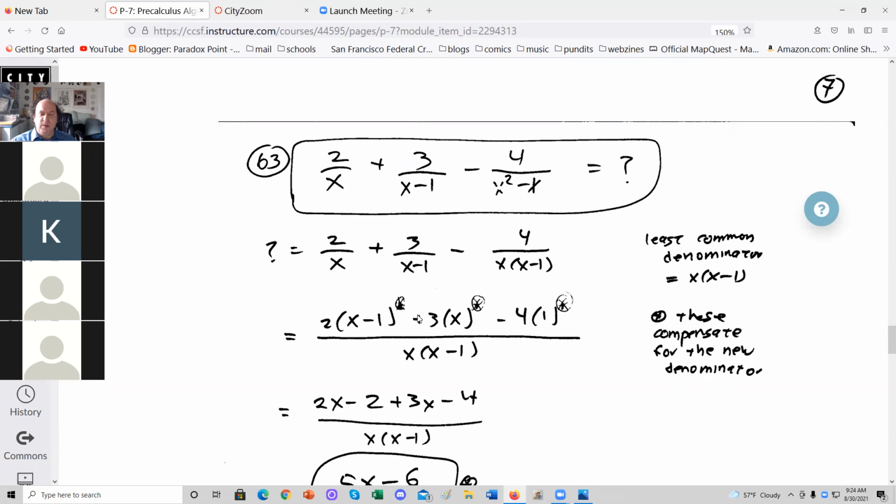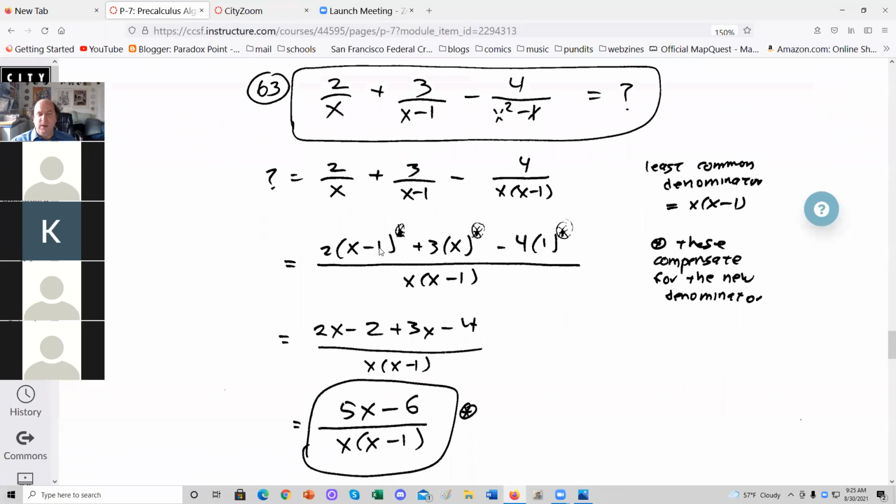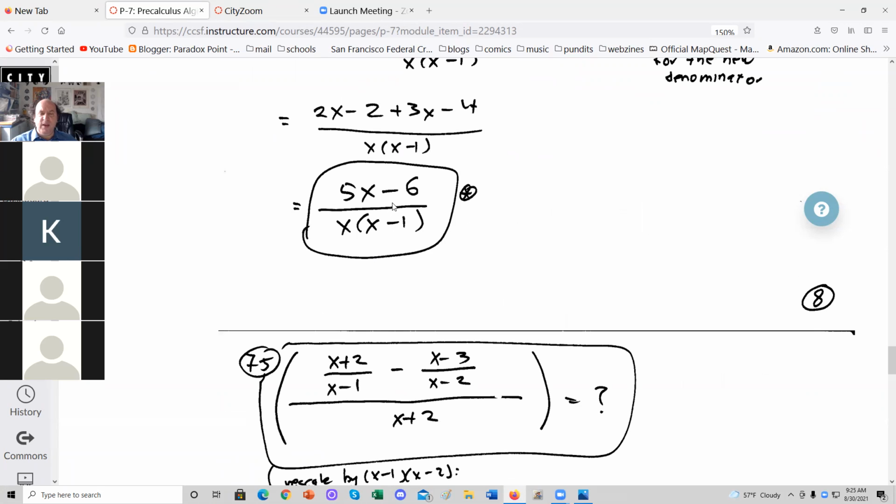To the 3, we multiply by x minus 1 over x minus 1, and that's just an x. And to the 4, we multiply by x over x, and that's just the 1. I call these factors compensators. All right, so now we expand 2x minus 2 plus 3x minus 4 and combine and get 5x minus 6 over x times x minus 1.